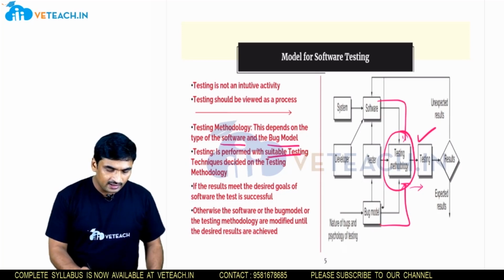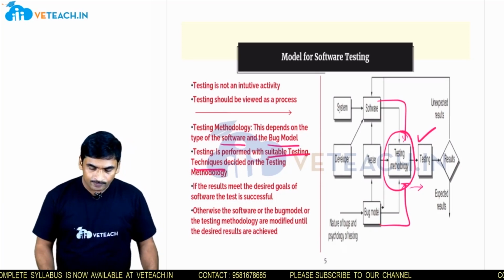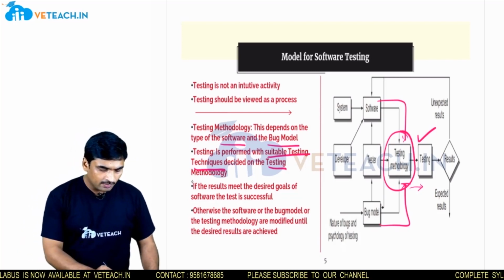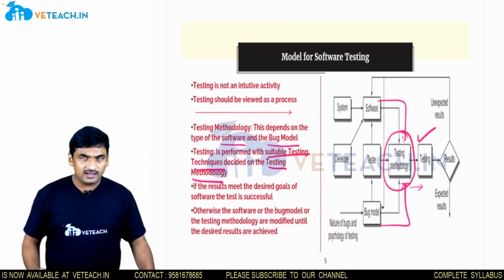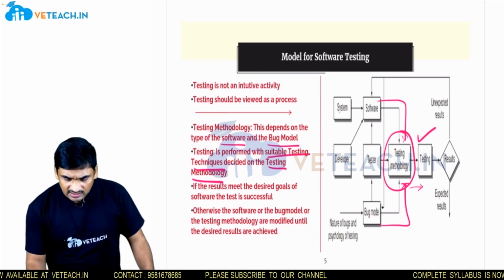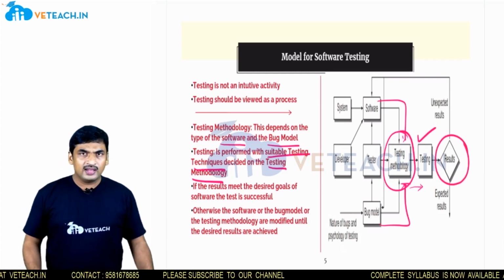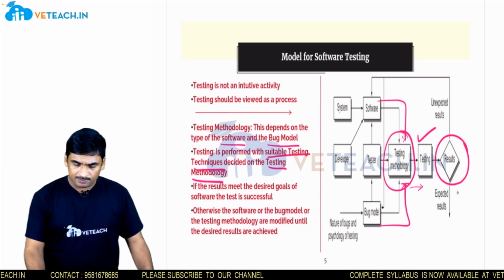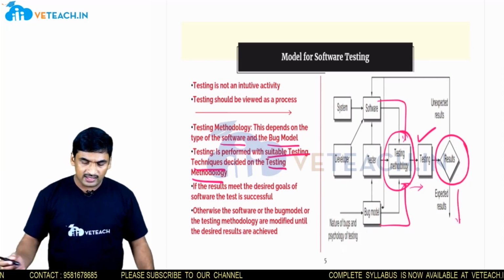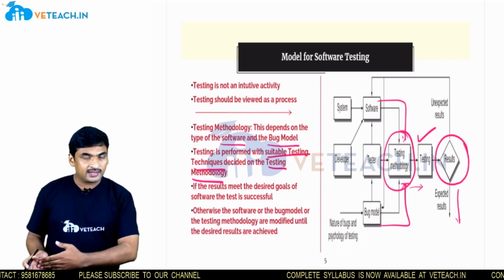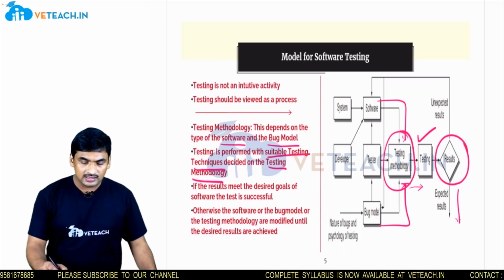We will identify suitable testing techniques, tools, and methodologies, and we perform the testing. Based on this, we will obtain the results. If the results are expected, then we can stop the testing process. If the output of the product is expected, we can stop the testing process.